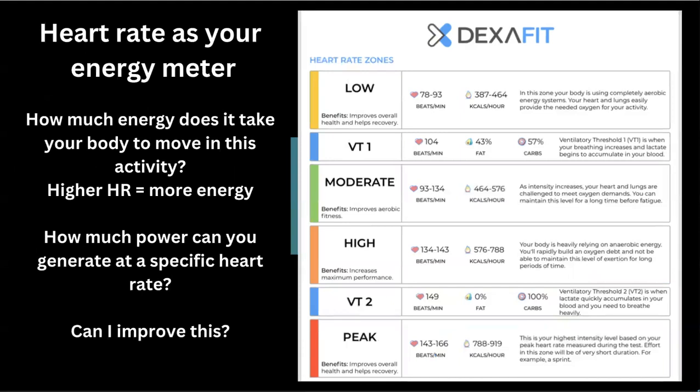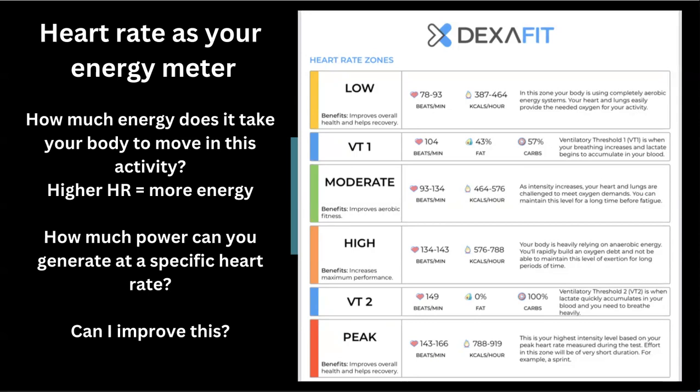Your heart rate primarily tells you what the energy cost is of whatever you're doing at the time: how much energy it's taking your body to move in whatever form you are actively doing. A higher rate simply means you are expending more energy compared to lower heart rates.